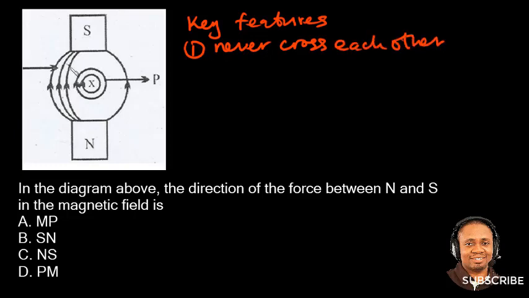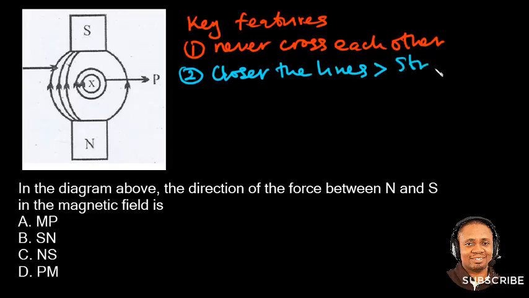We can see the magnetic field lines never cross each other. The next is that the closer the lines, the stronger the magnetic field.